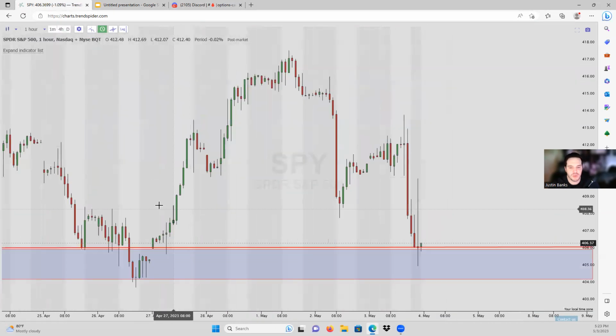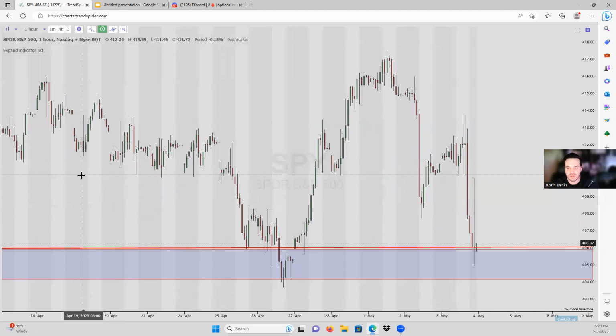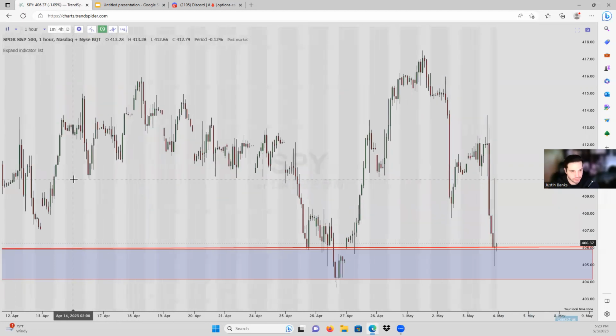Now let's go down to the 1 hour time frame. Let's look at the 410 level again. It will be very similar, but we can see here as well a big bounce off of 410, also around 410 right here. Some pretty big bounces around this 410 level.